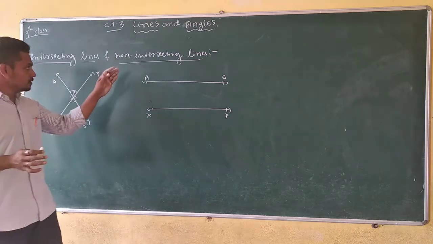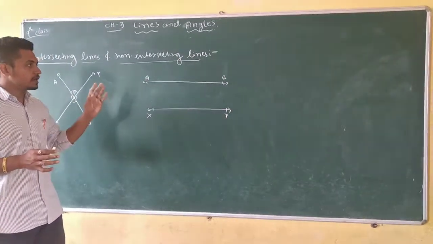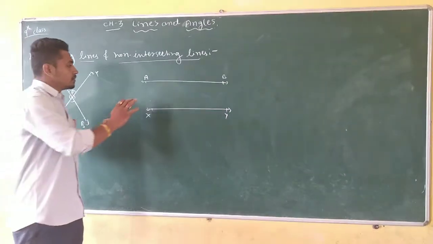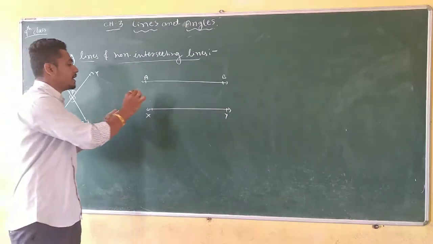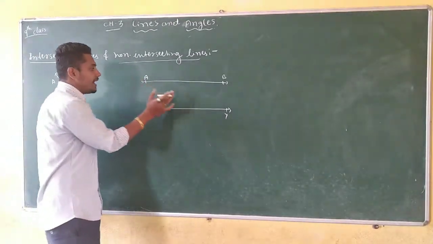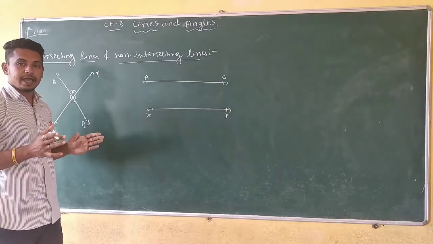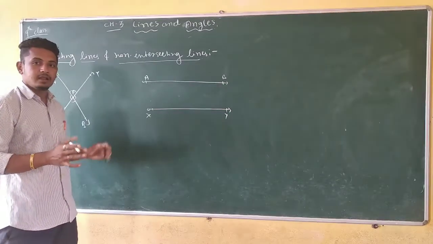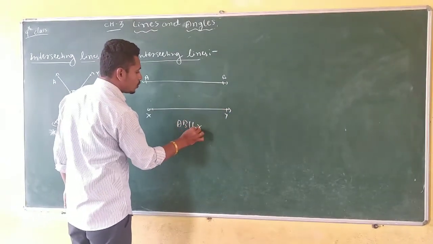But in the case of non-intersecting lines, they do not make any angles, and that type of lines are known as parallel lines. See here, AB is parallel to XY.